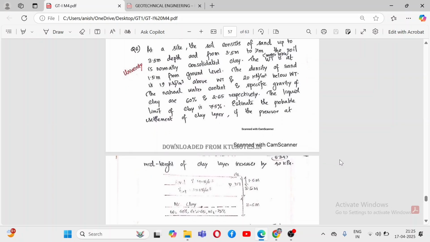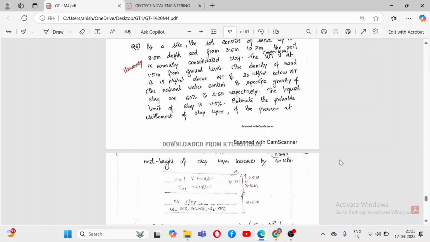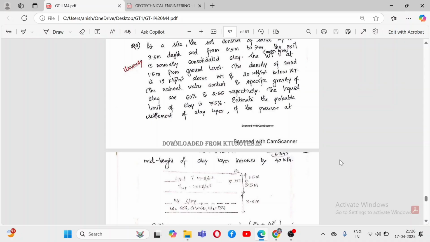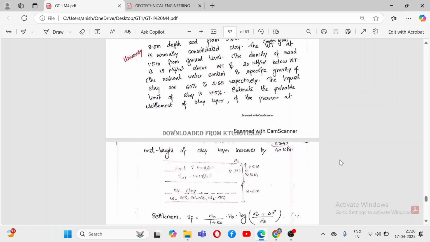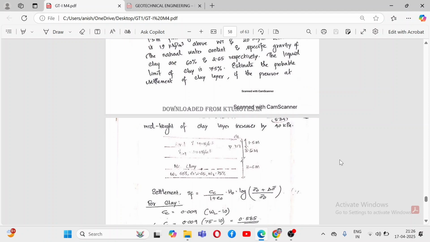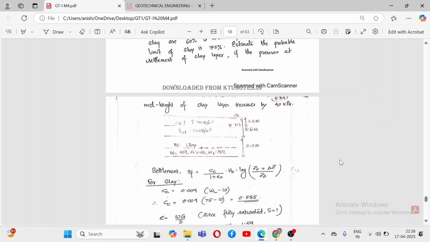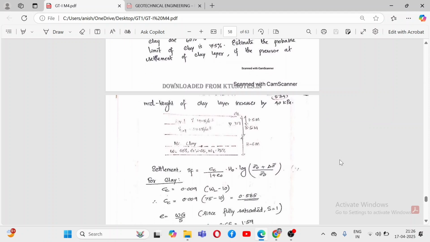The density of sand is 19 kilonewton per meter cube above water table and 20 kilonewton per meter cube below water table. The natural water content and specific gravity of clay are 60% and 2.65 respectively. The liquid limit of clay is 75%. Estimate the probable settlement of clay if the pressure at mid height of clay layer increases by 40 kilopascal.